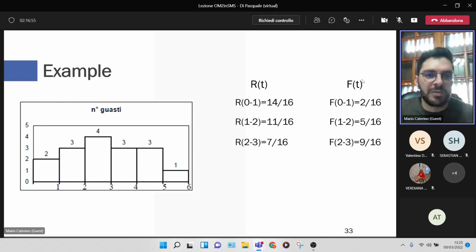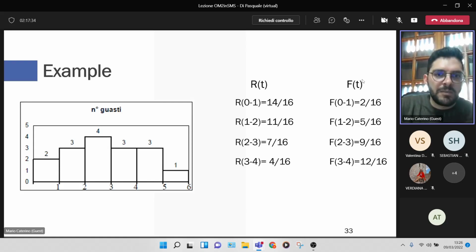So, as you correctly answered, in the period 2-3, to calculate the reliability, we simply need to know which are the components still working, that are 7, while the failed ones are 9: 4 in the period 2-3, plus 3 in the period 1-2, plus 2 in the period from 0 to 1.